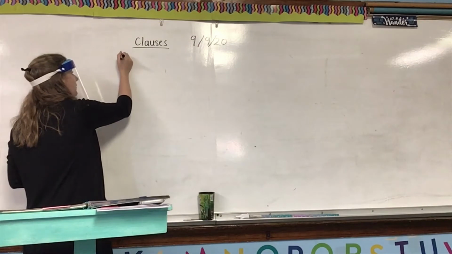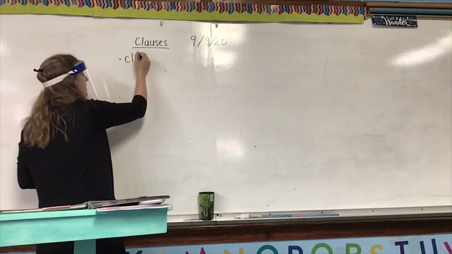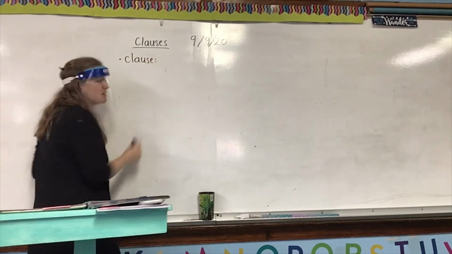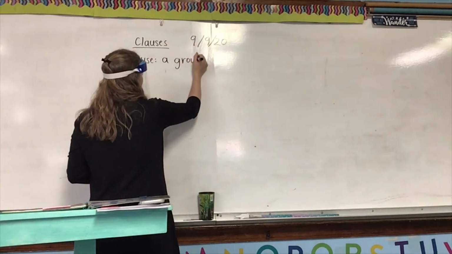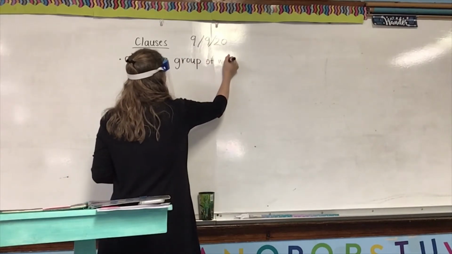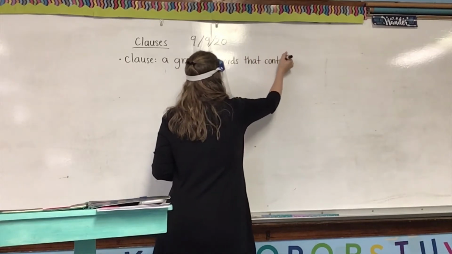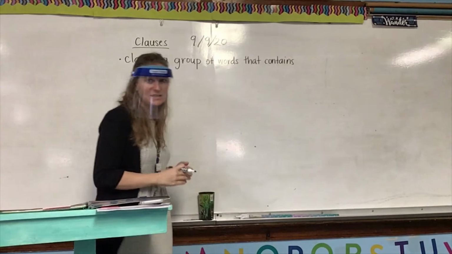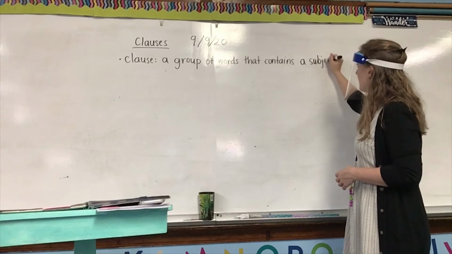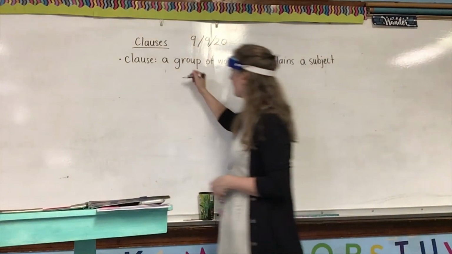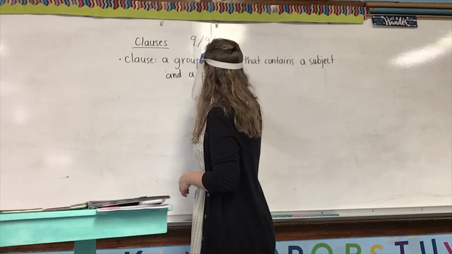Now this is a grammar vocab word that we've already had, but let's just do a quick review. A clause is a group of words that contains a subject and a predicate.